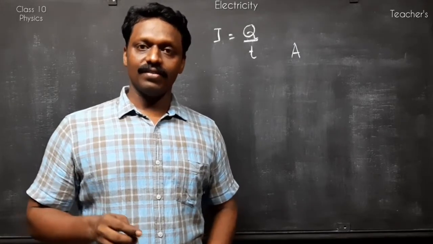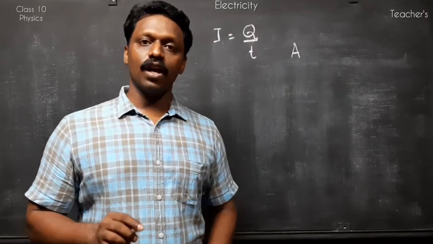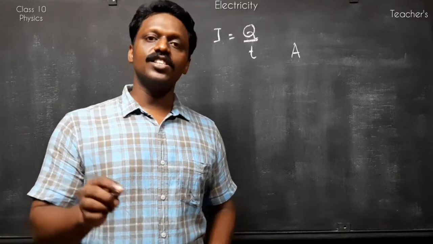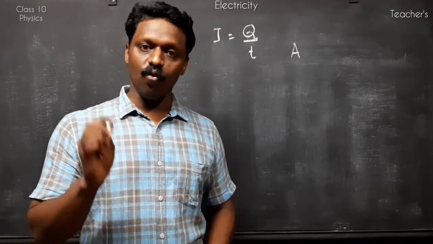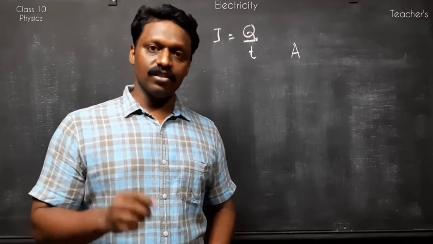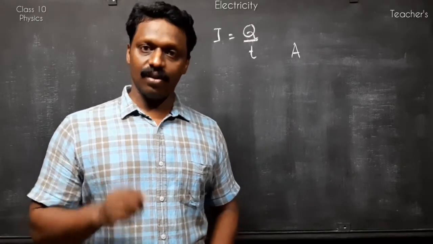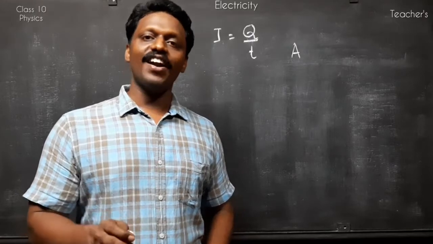So we can define: when 1 coulomb of charge flows through any cross section of a conductor in 1 second, the electric current flowing through it is said to be 1 ampere. That is, 1 ampere is 1 coulomb per second.